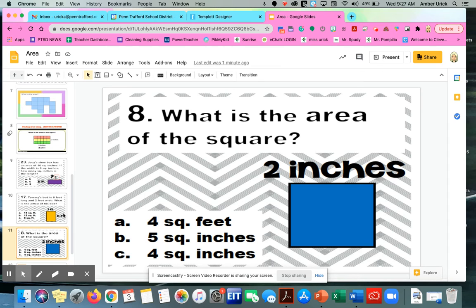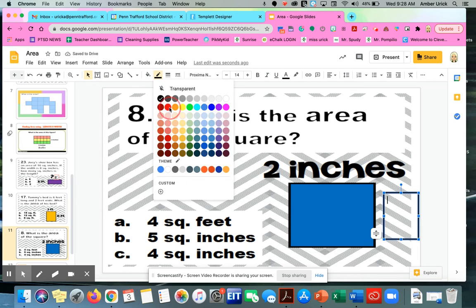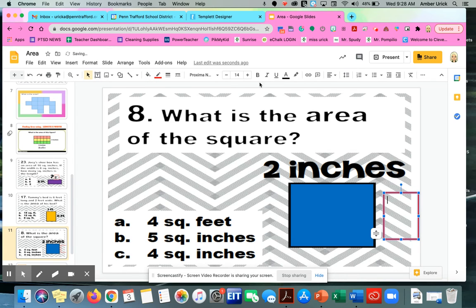Length times width. I only seem to have one of them. I only seem to have the width here. I don't have the length. It's missing. Let me beef that up and make it stand out. I seem to be missing my length here.